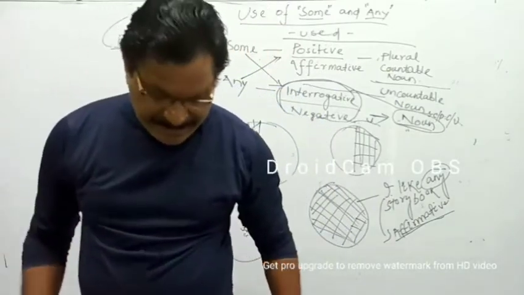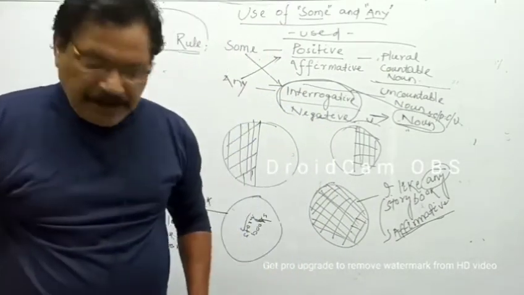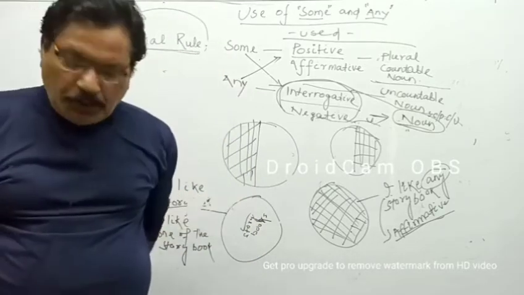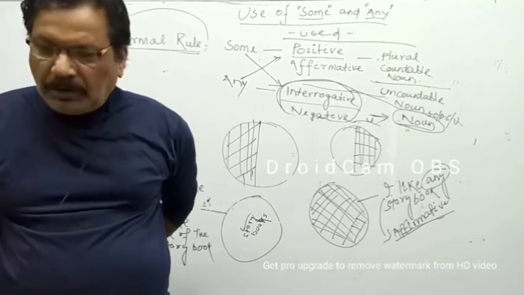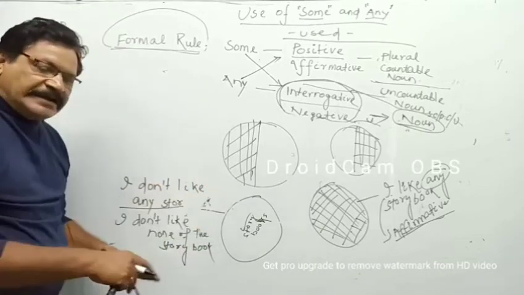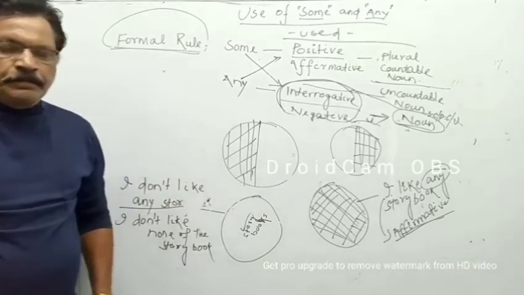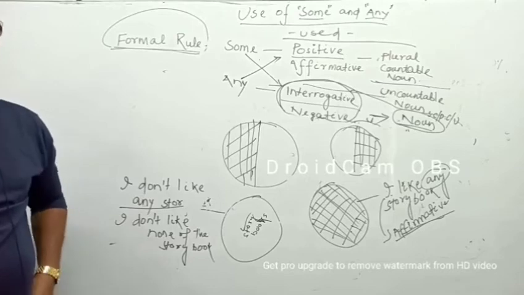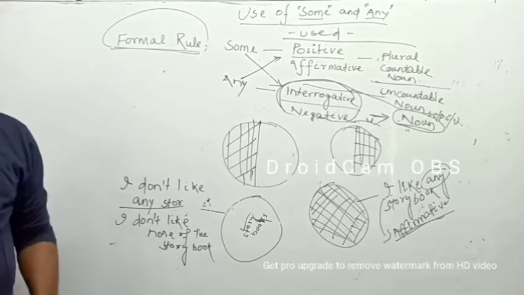So in English, everything depends on context. No particular rule. English never says it is the rule; it is the general rule.